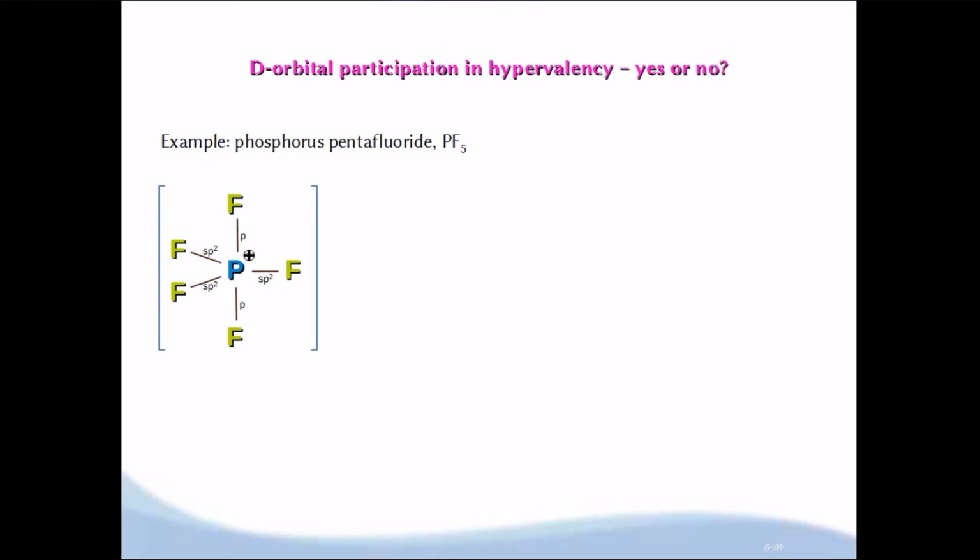Considering the 2 axial fluorines, they are thought to alternately take up the negative charge, giving rise to 2 resonance structures. Then, the 3 equatorial fluorines are supposed to do likewise. In both sets, phosphorus remains positively charged.